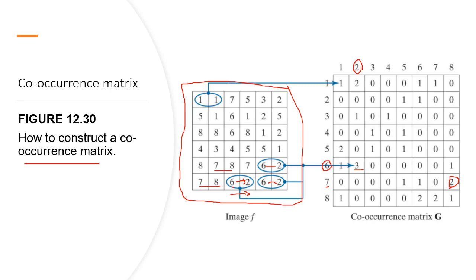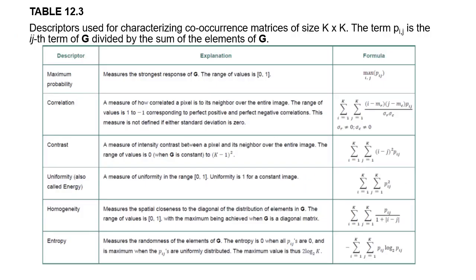Again, we could measure some characteristics of the co-occurrence matrix like before. So here are the formulas to calculate. For example, we would like to describe the maximum probability. This is the formula: correlation, contrast, uniformity, also called the energy, homogeneity, entropy, and so on. There are so many descriptors for this texture.